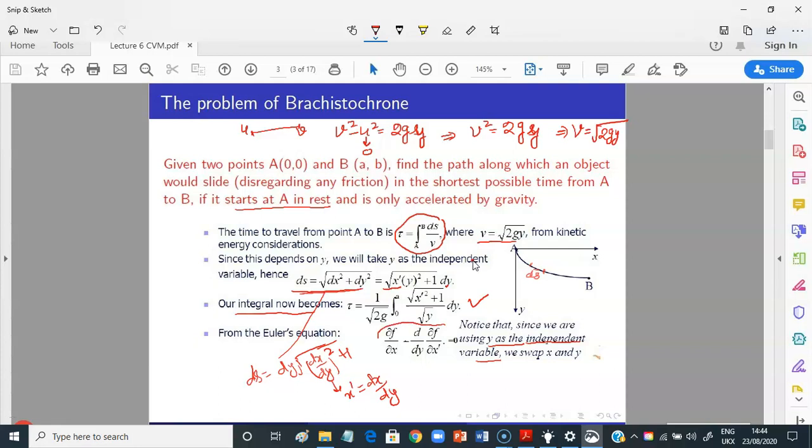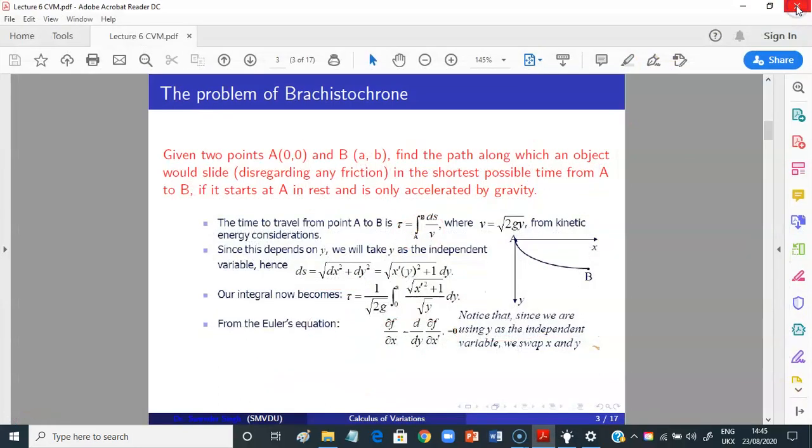So in the general Euler equation, we swap x and y. I already told you in the earlier lecture that the Euler equation we write as curly f over curly y minus d by dx of curly f over curly y dash. But here we are swapping the variables. So instead of y you will write here x, and instead of x you will write here y, and similarly for y dash you will write here x dash. So that is how this Euler equation changes.